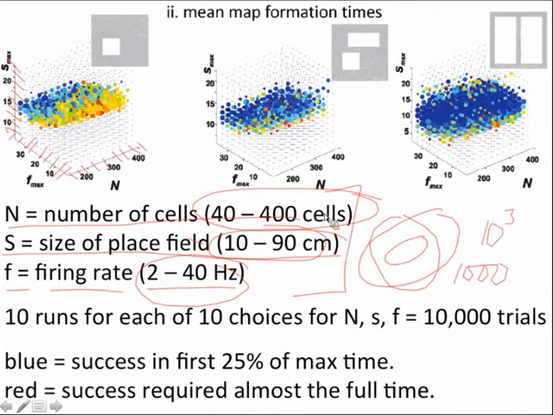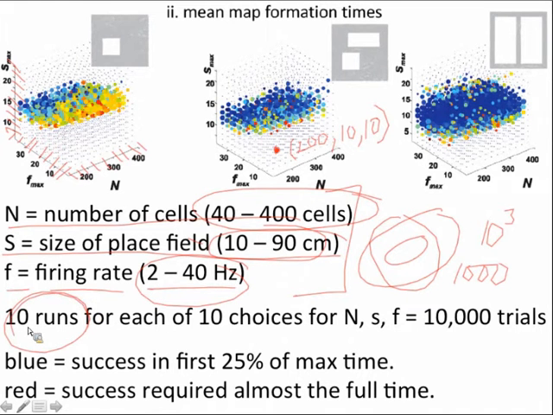If we fix a particular choice, so maybe N being 200, F max being 10, and size of the place field being 10, we've got that point there. Then for each of these points, so for any coordinate, say 200, 10, 10, for each of the 1,000 points, so we've got 1,000 points within here, they then did 10 runs.